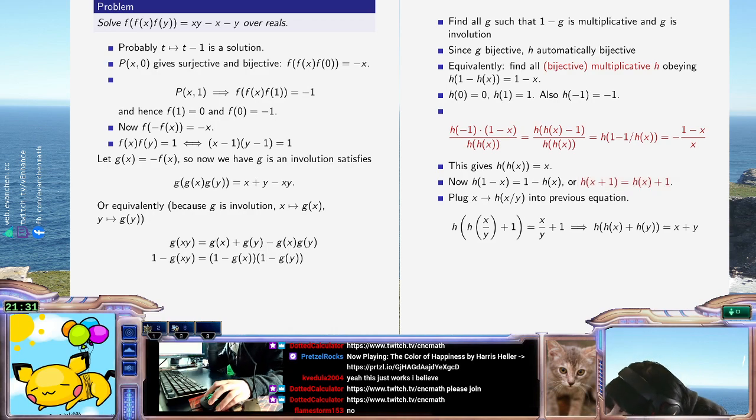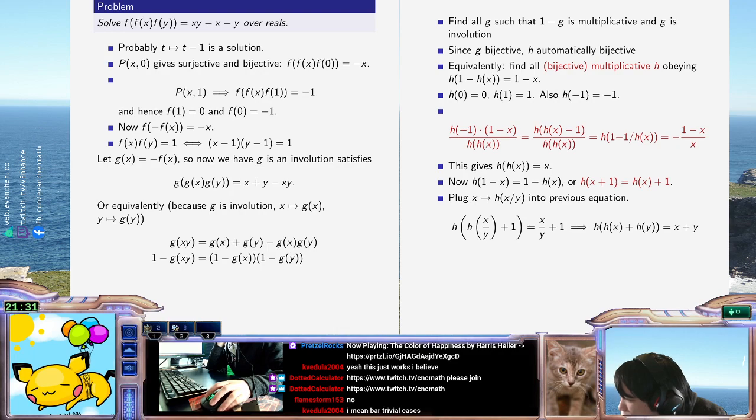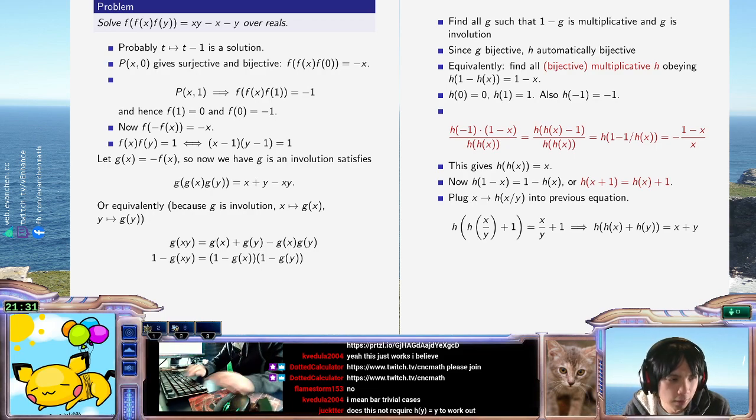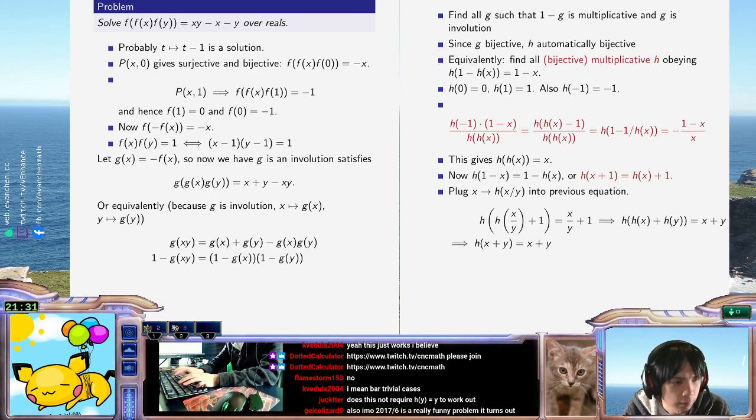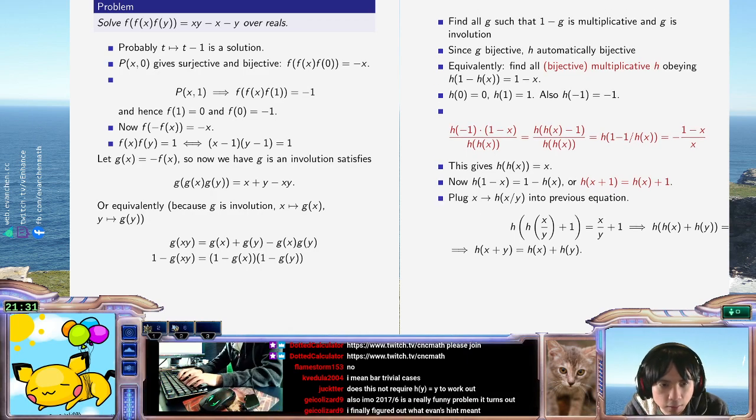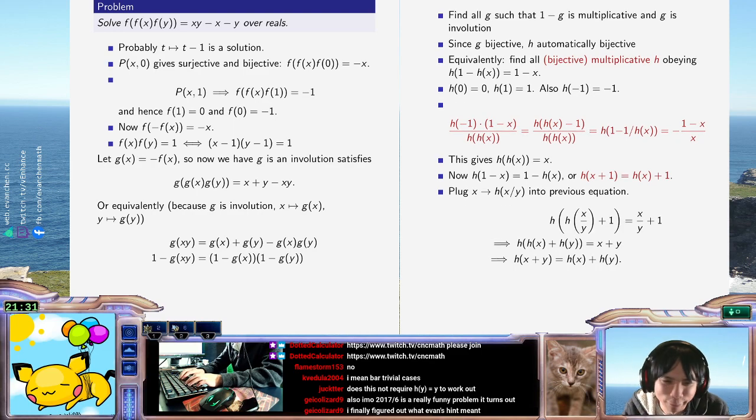What the heck? I still don't believe it. Okay, I guess it works. Does this require h of y equals y? I don't think it does. It still bugs me though. I feel like this shouldn't work, but it seems to work.